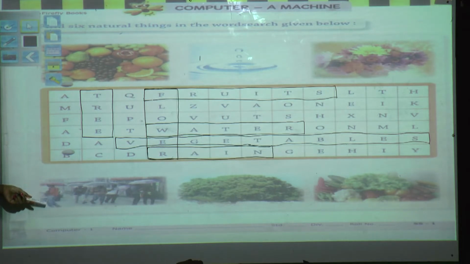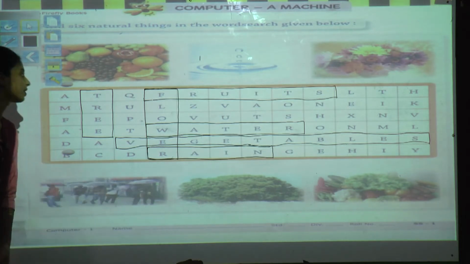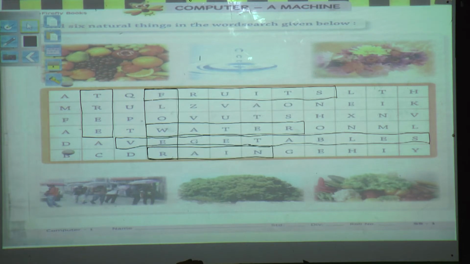R-A-I-N. Rain. Next is tree. T-R-E-E. Tree. And last one is vegetable. V-E-G-E-T-A-B-L-E-S. Vegetables.